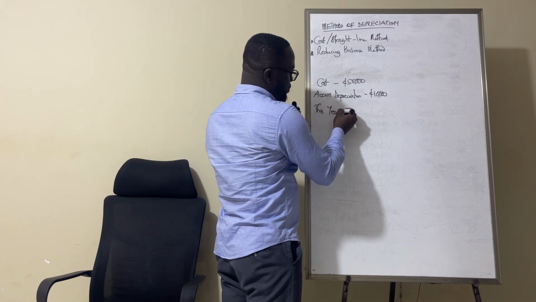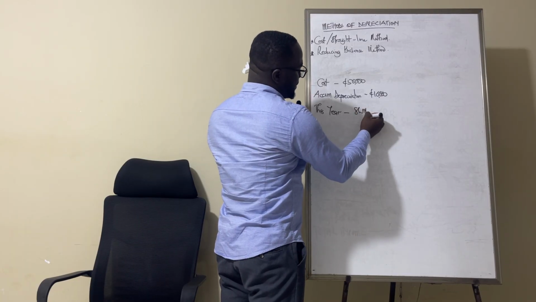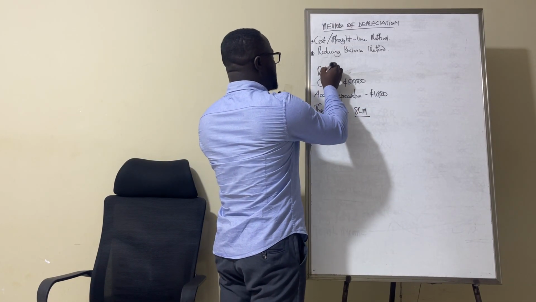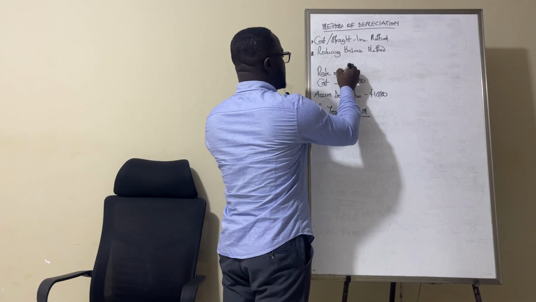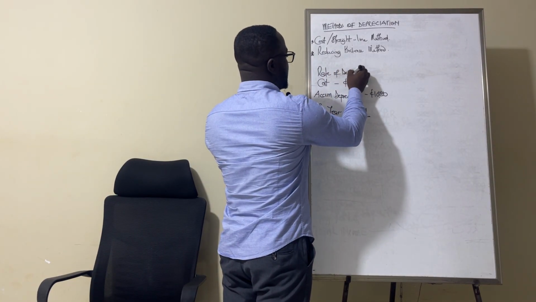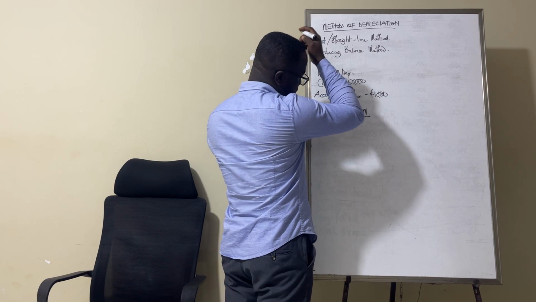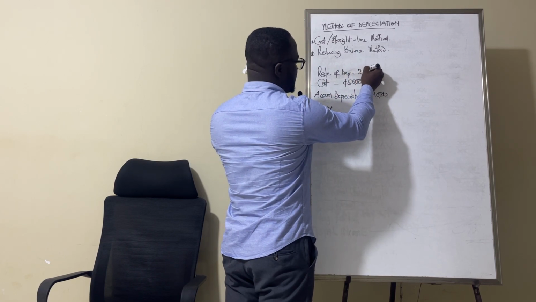It's simple. With a straight line method, this is how you go about it. Let's say the rate of depreciation is 20%.